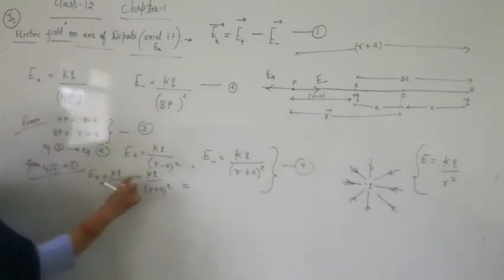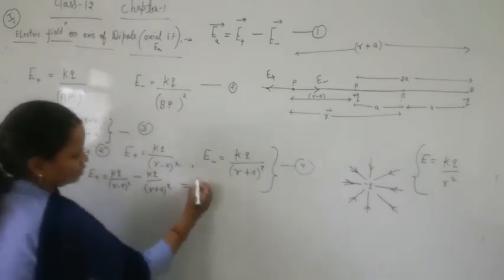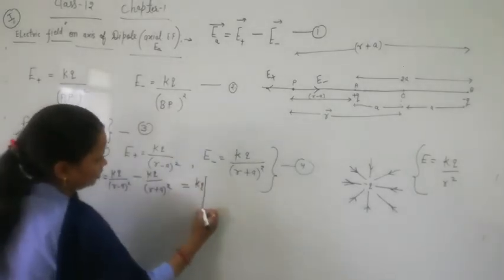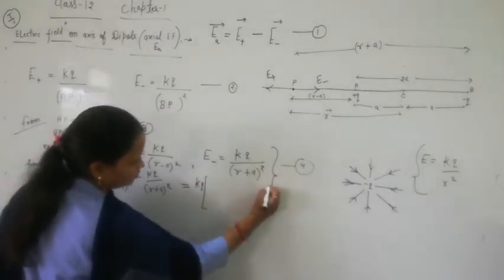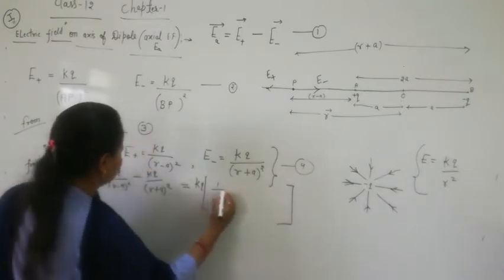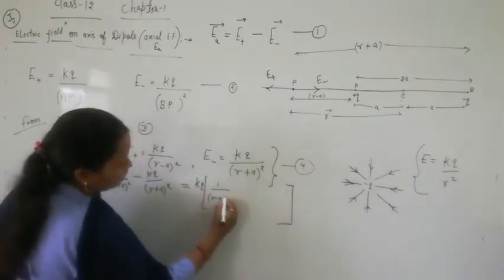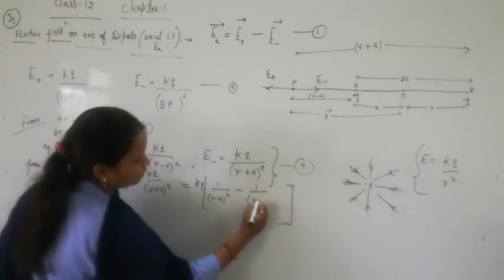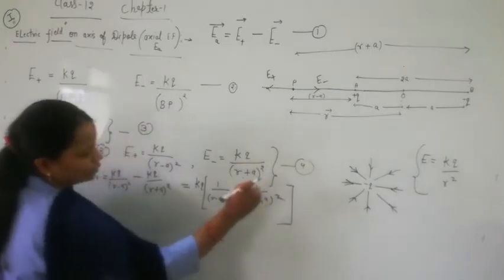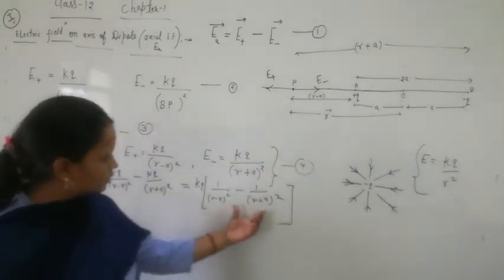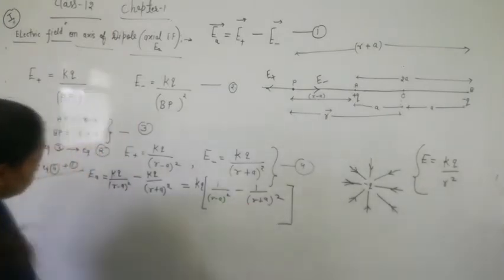Next step, KQ is a common factor. So KQ is common, 1 upon (r minus a) square minus 1 upon (r plus a) square. So we take an LCM here.